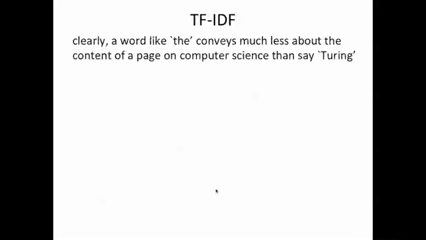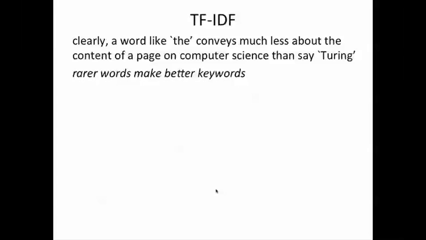Let's figure this out intuitively. Clearly, a word like the conveys much less about the content of some page describing computer science concepts than, say, the word Turing, which is very likely to be on pages about computer science. Clearly, rarer words, that means words which are not that common in all documents, like the, a, and in, make better keywords.